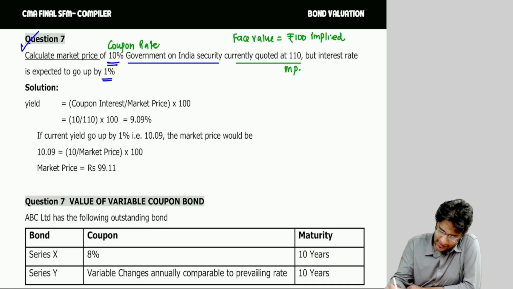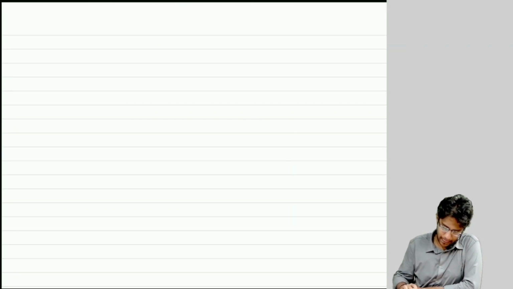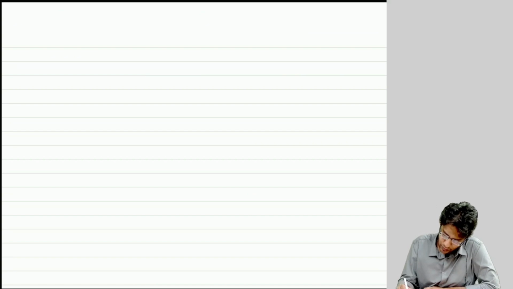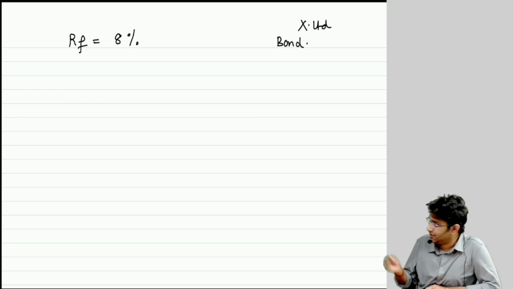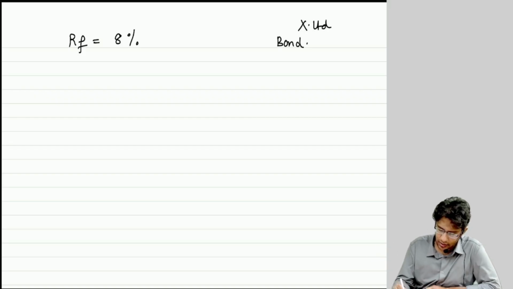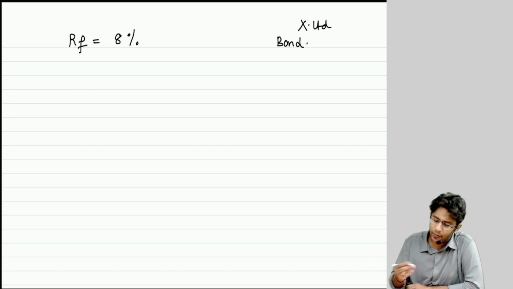Is it possible? For example, watch this. Sir, the market risk-free rate was 8%. X Limited is a company issuing a bond. Since X Limited is not a risk-free company, it's a risky company, I want more return.